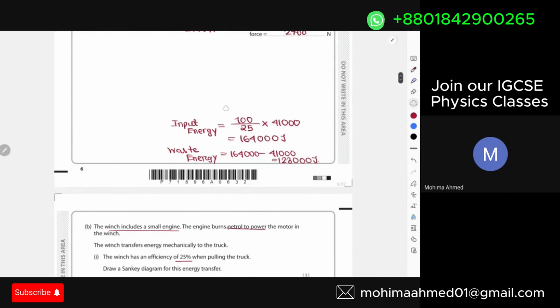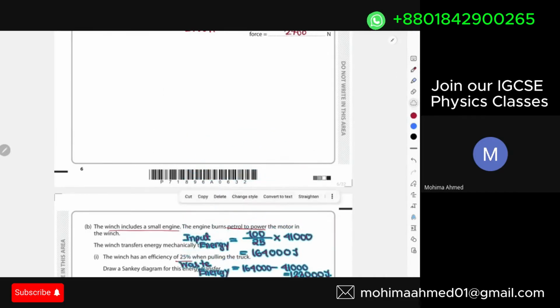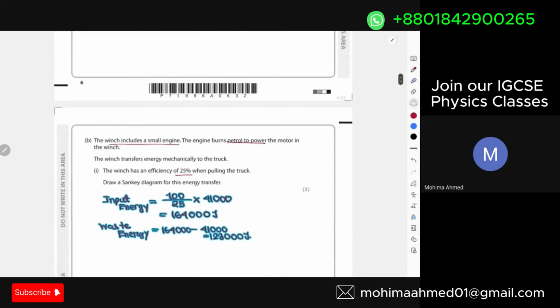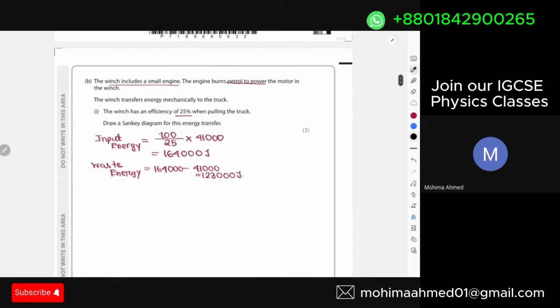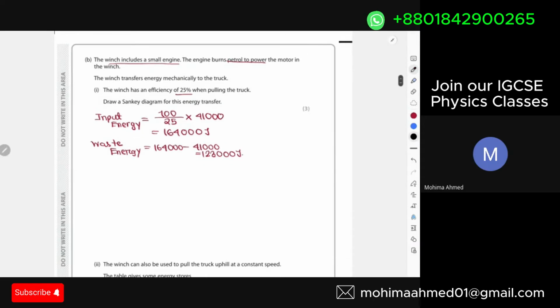Right? Okay, now using this 123,000, this also is your important information. After this, obviously, we'll have to do some scaling here, right? For that scaling, since I don't have much space, draw a Sankey diagram for this energy transfer, right? So 1 minute.